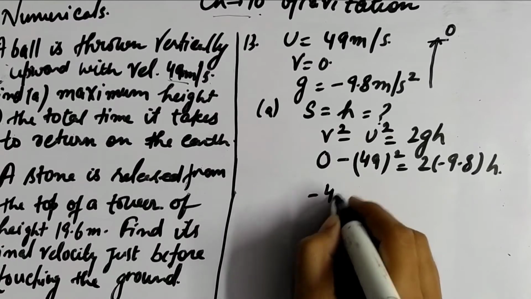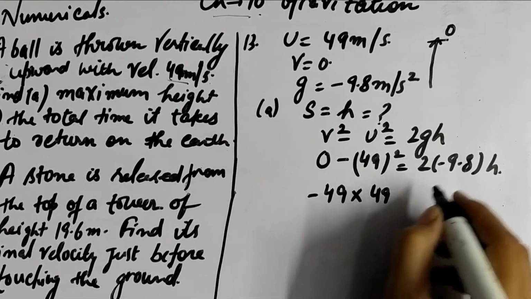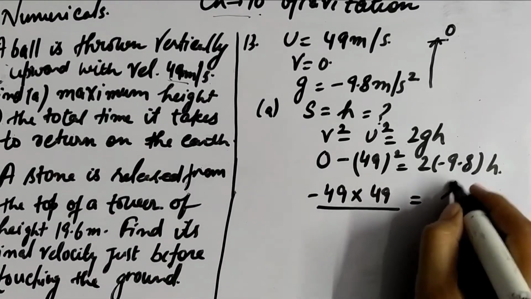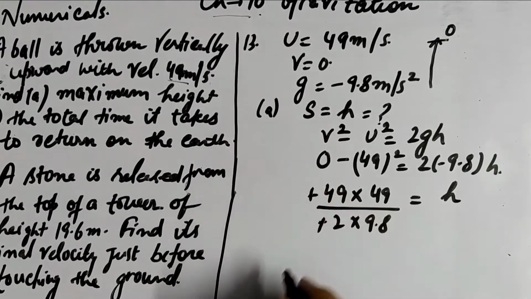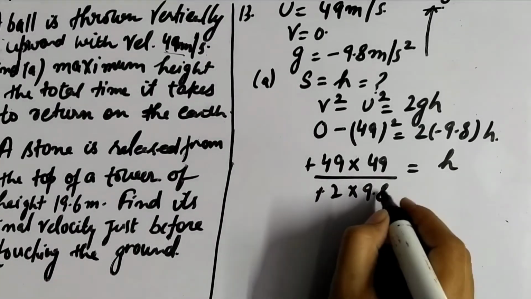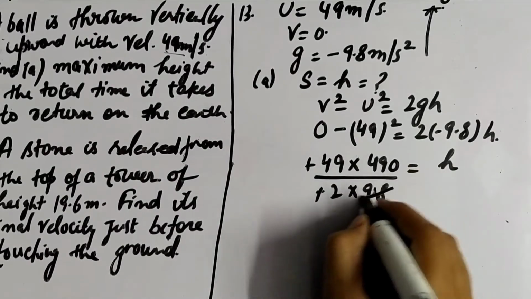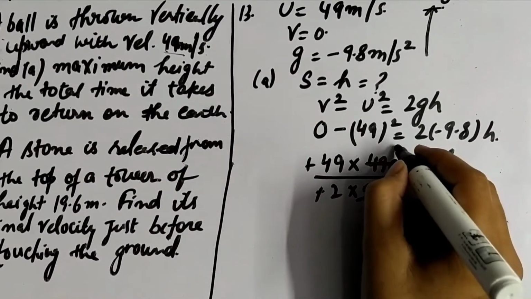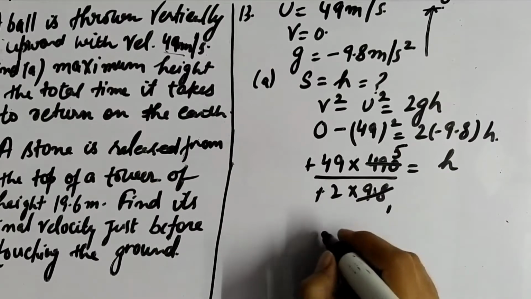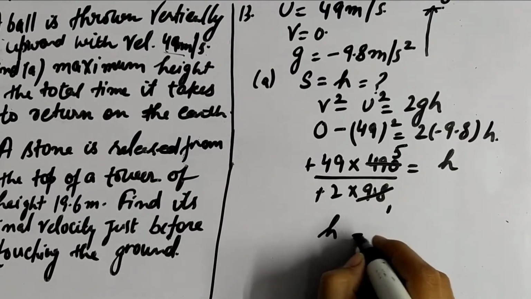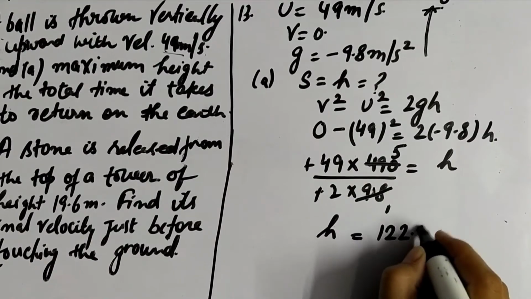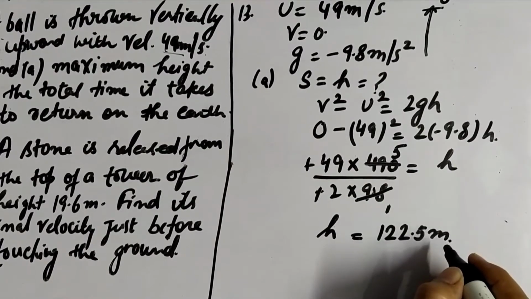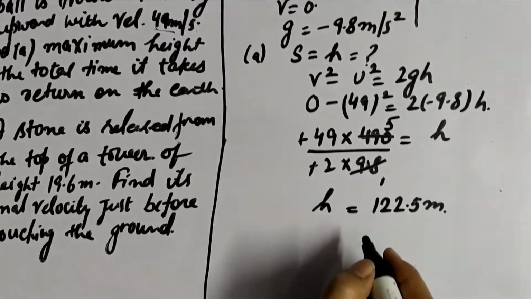So minus 49 into 49 equals minus 2 into 9.8 into h. This value comes in the denominator, the negative cancels, and after solving we get h equals 122.5 meter, the maximum height.